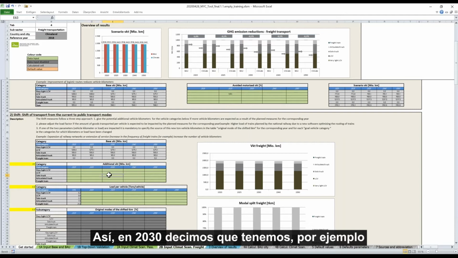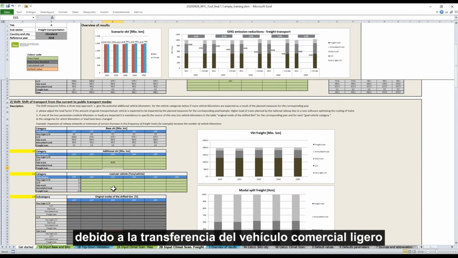So in 2030, we say that we have, for example, 15 million kilometers more for solo trucks, because they are transferring from the light commercial vehicles.